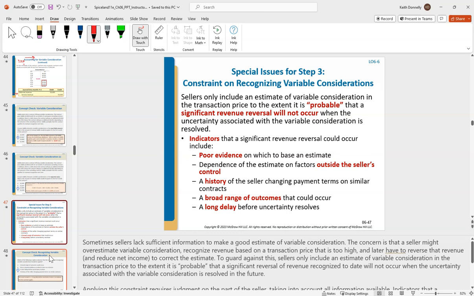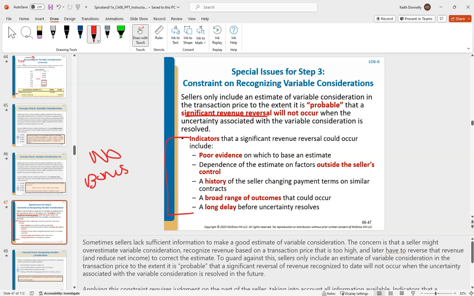One of the things you do have to be aware of here is if facts and circumstances indicate that there's going to be a revenue reversal, then you do not account for the bonus. In other words, if something is objectively bad, if there are indicators that say no bonus, there will be a significant revenue reversal, then you don't account for it.